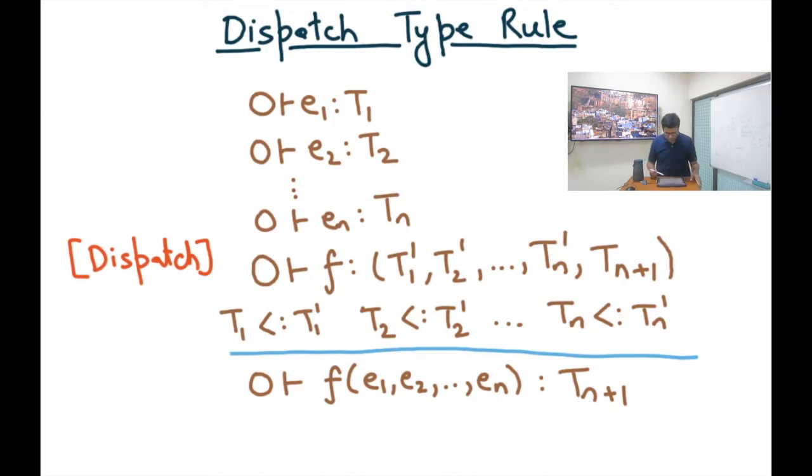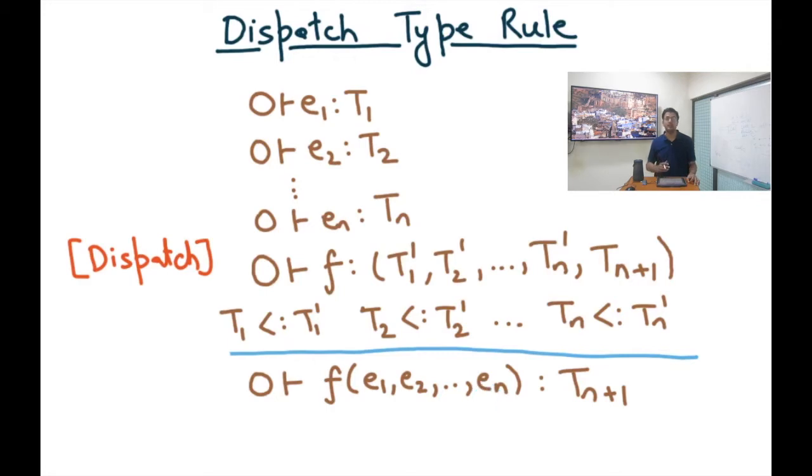So let's look at what's happening here. Basically, I'm saying that if f accepts arguments of type t1 prime to tn prime and returns a value of type tn plus 1, and if e1 to en are of types t1 to tn, but I have a twist here. I'm saying that the types of e1 to en do not need to be the same as the types of the formal arguments.